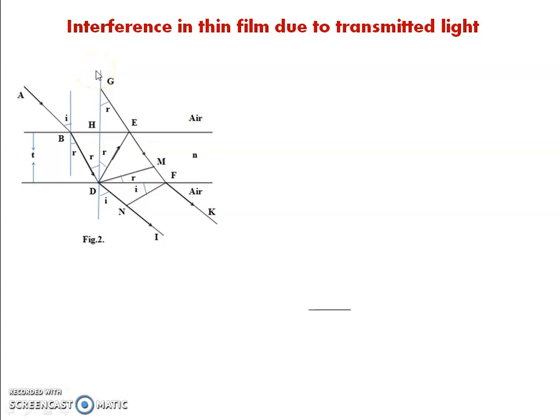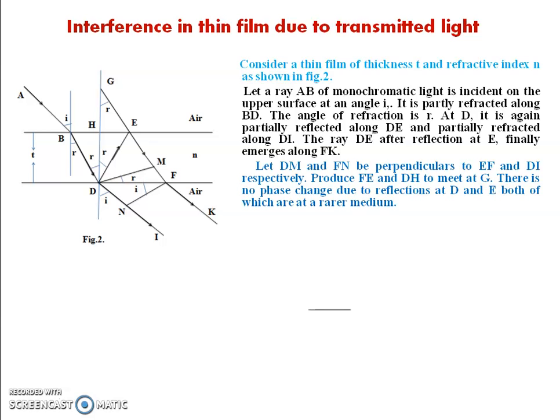There is no phase change due to reflection at point D and at point E, because both are at a rarer medium. Now consider the path difference between the two transmitted rays, that is DI and FK.